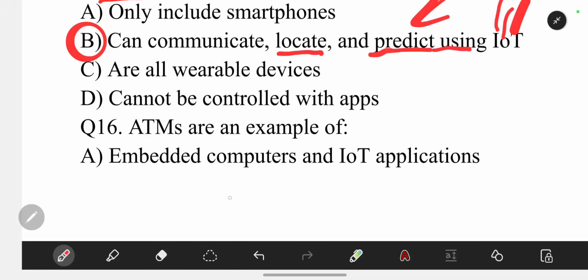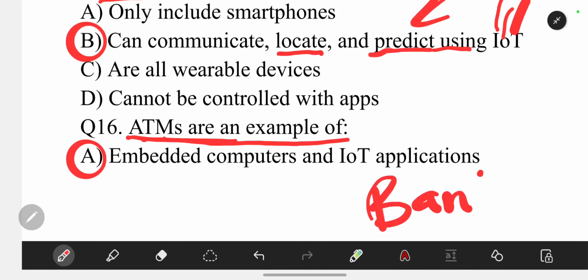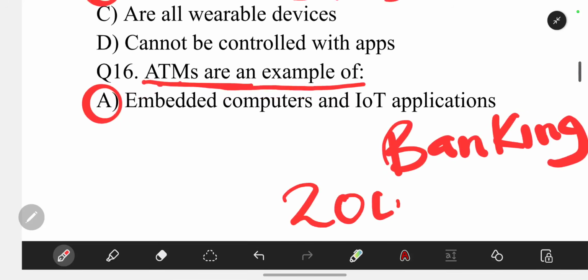Moving on. So when we look at our ATMs, these are some examples of embedded computers and IoT applications. They are able to interact with the bank itself, so that they can know this person has, let's say, 20,000 in the account.